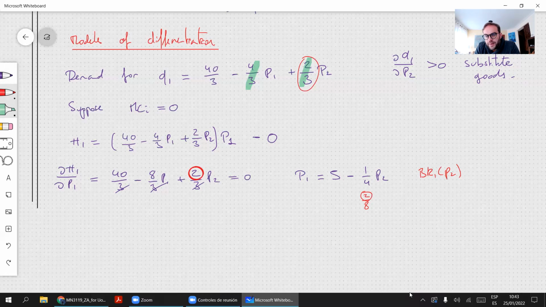Here, then, prices are in this case strategic substitutes. Prices are strategic substitutes, which means that I'm going to decrease my price if the other guy increases its own price.